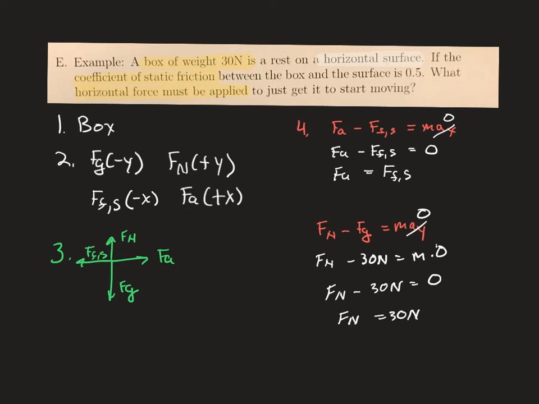So we learned in this particular section that the force due to static friction is less than or equal to the coefficient of static friction times the force normal. Since we're trying to find the minimum force that has to be applied, we want to find the maximum static friction. So we would say the force due to static friction is equal to the coefficient times the force normal.